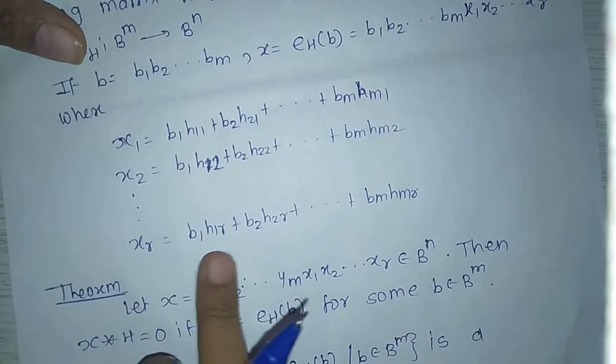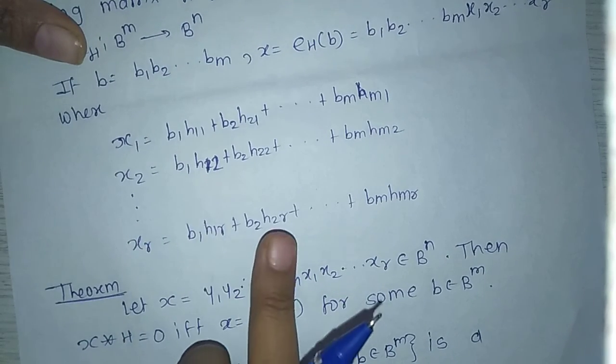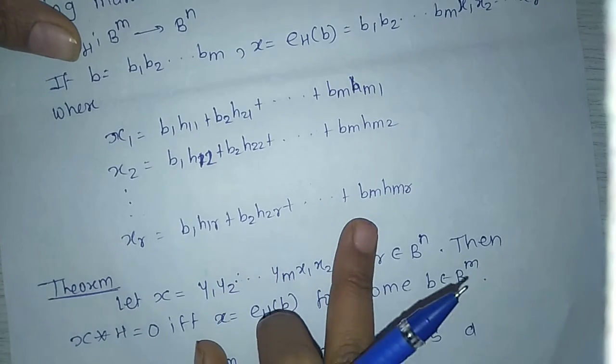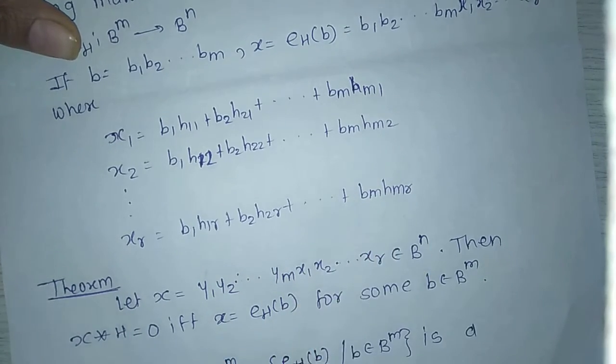Similarly, xr equal to b1 H1R plus b2 H2R plus and so on plus bm HMR.